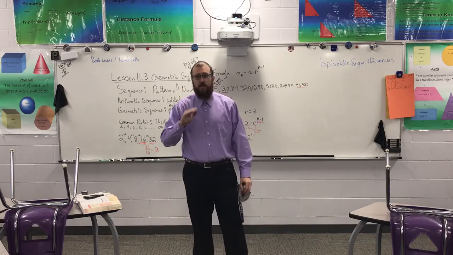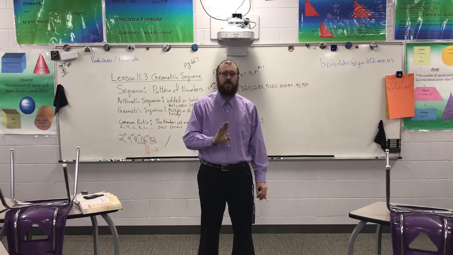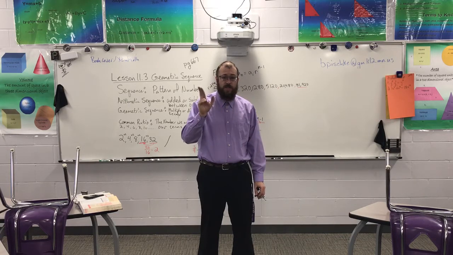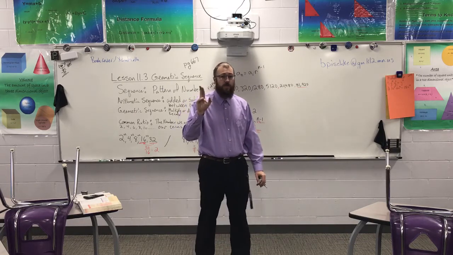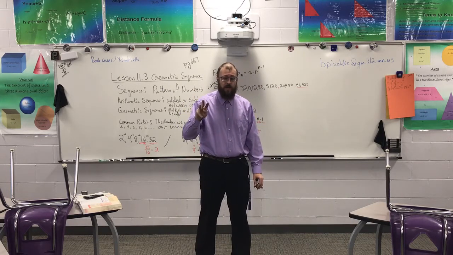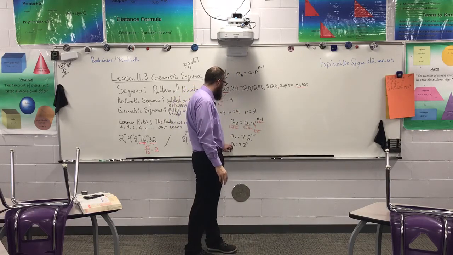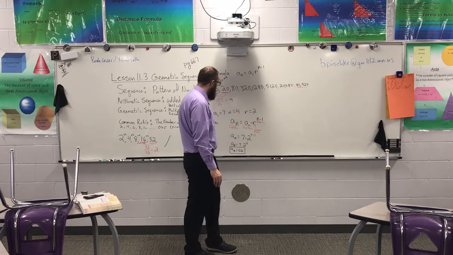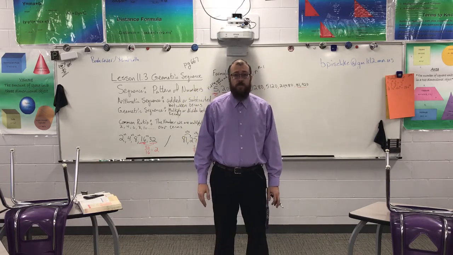You must do 2 to the third power before you multiply by the 7. You cannot multiply the 2 and the 7 to get 14 and then take it to the third power. That will give you a bad answer. We do 2 to the third power, 2, 4, 8, then we multiply by the 7. 7 times 8 is 56. 56 is the fourth term of that sequence.